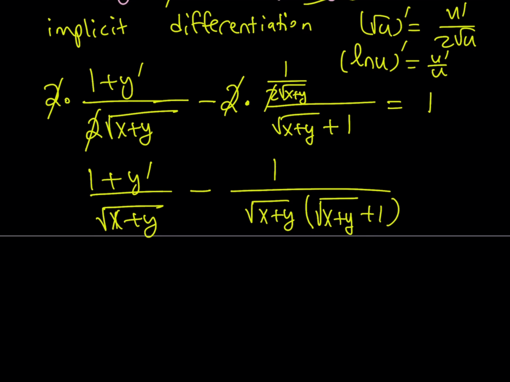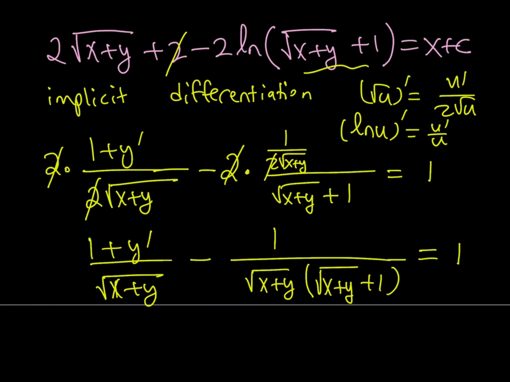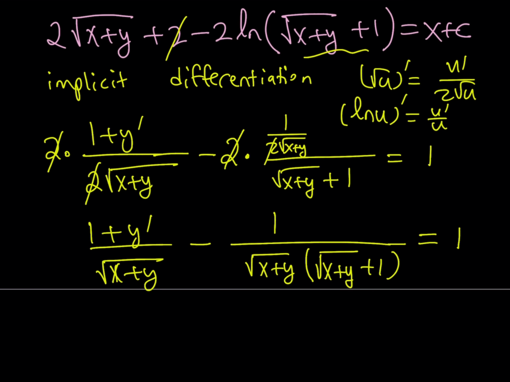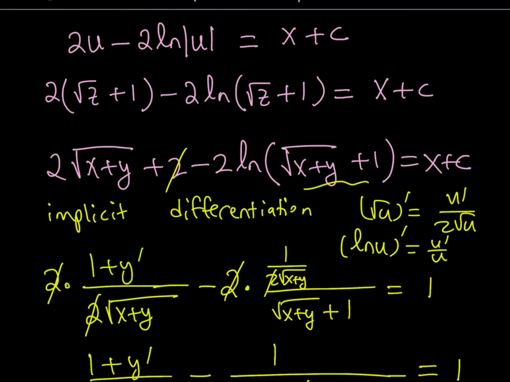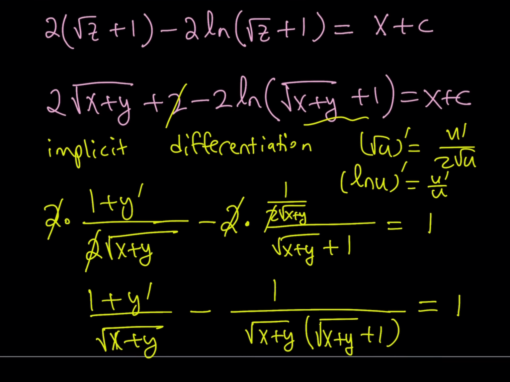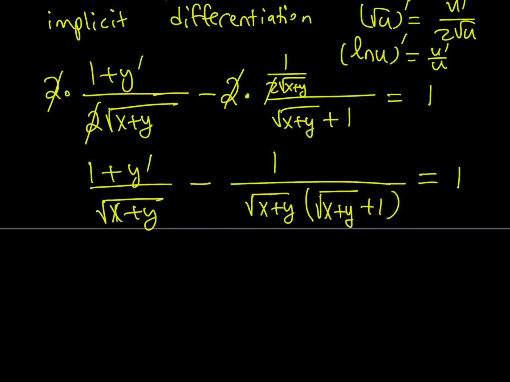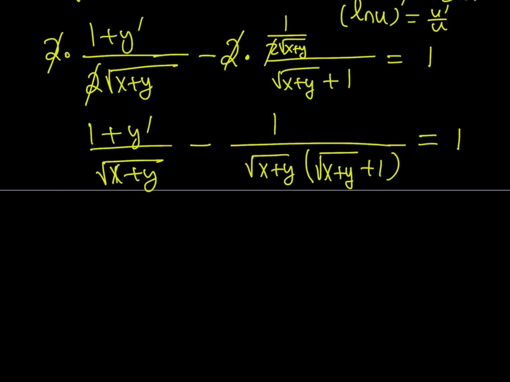Now, we already differentiated, so we don't have to worry about differentiation anymore. Let's check our work to make sure that we get it right. There was a 2 there, which came from here, and it just canceled out with the other 2. Okay, great. So this looks good.